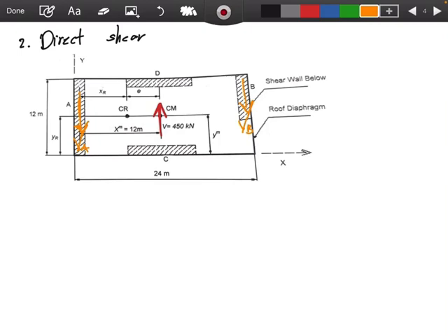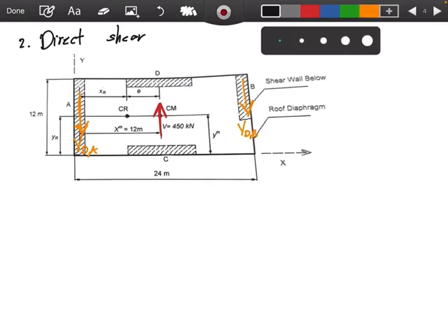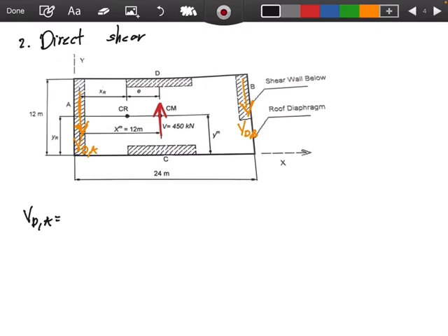So, madali lang, VA, I'm going to write D pala dun sa ganyan niya para hindi tayo malito. So, VDA and VDB. Para alam nyo yung direct shear yan. Okay? So, the formula, ganyan lang to, anong tawag dito?